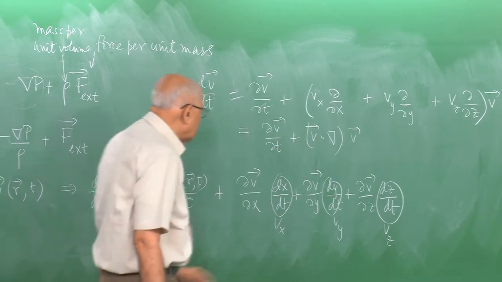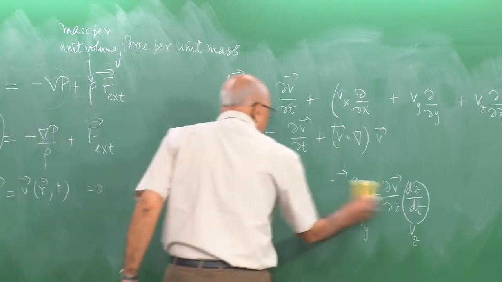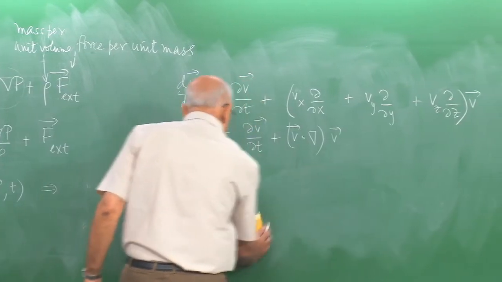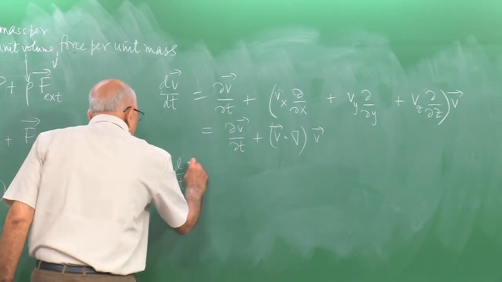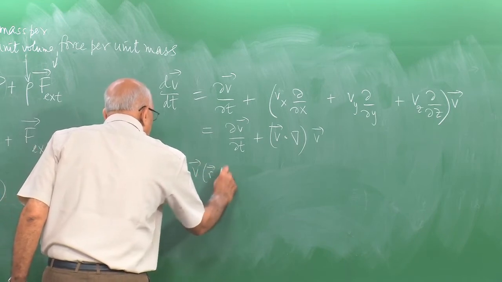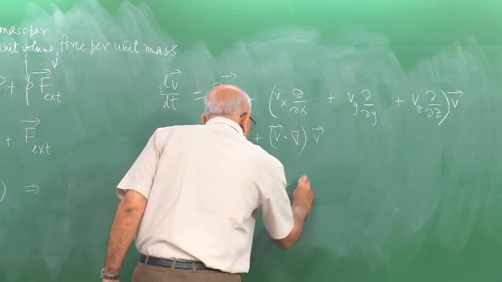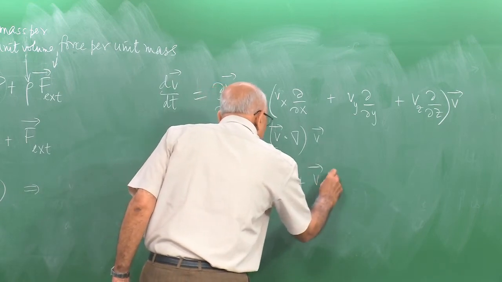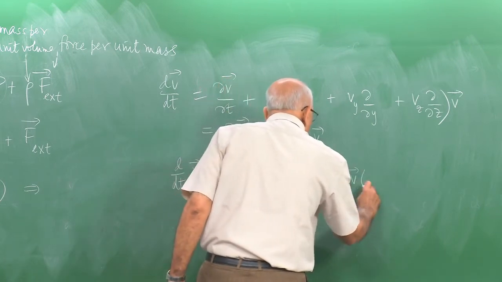So, we have this beautiful formula which says that d over dt of this function of r and t is in fact equal to delta over delta t plus V dot del acting on V of r and t.